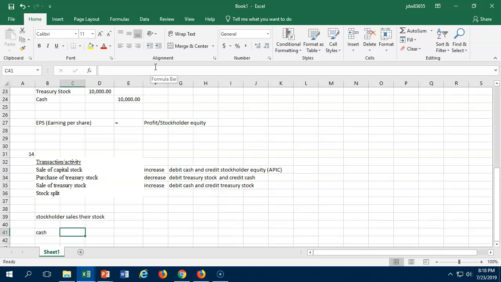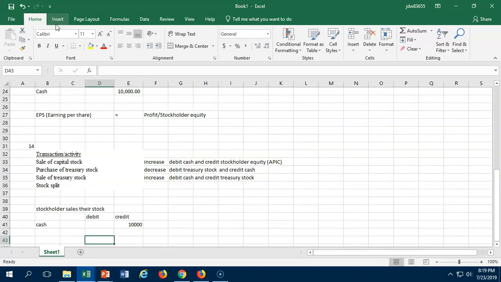Who's getting the cash? The stockholder is. So from the company's point of view, the company is paying cash. If you're paying cash, would you debit or credit cash? Correct. So you'd credit cash, and then you would debit stockholder equity.